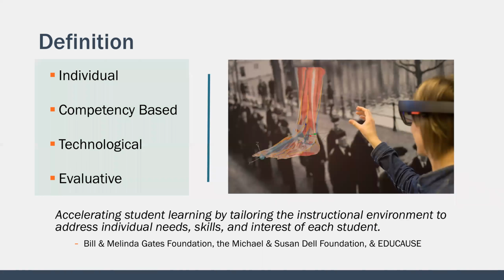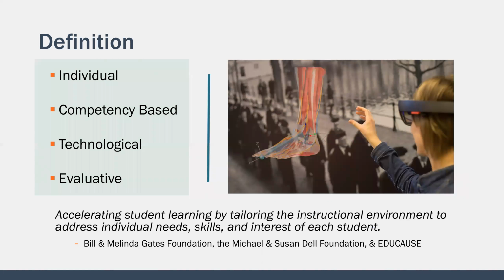So a definition: we have to know what it is before we can address how to support it. A definition for personalized learning could be a number of things. I have one there from the Bill and Melinda Gates Foundation at the bottom of the screen, but it usually encompasses 4 key areas. Even though people will list a lot of different things and describe it in many different ways, it usually is about the individual student.